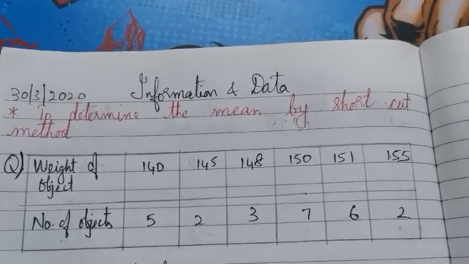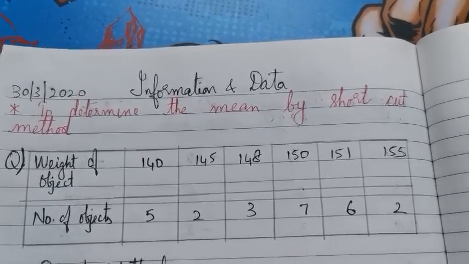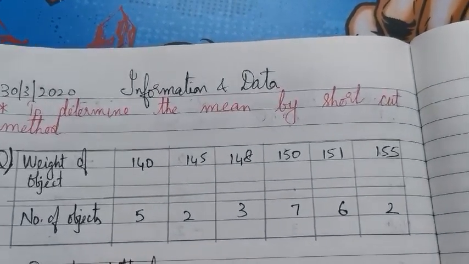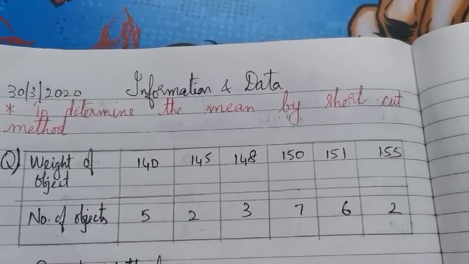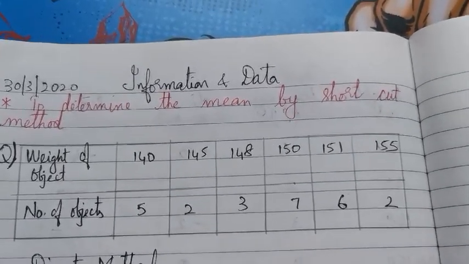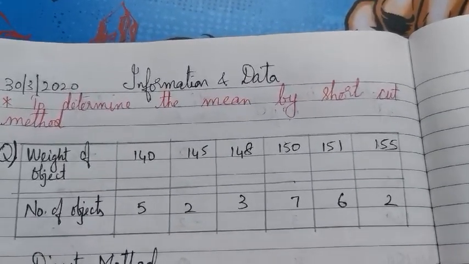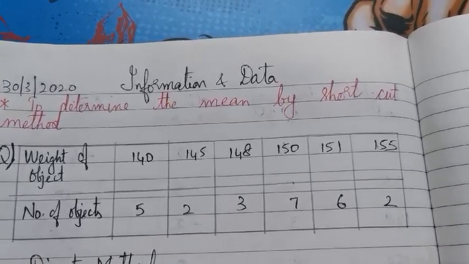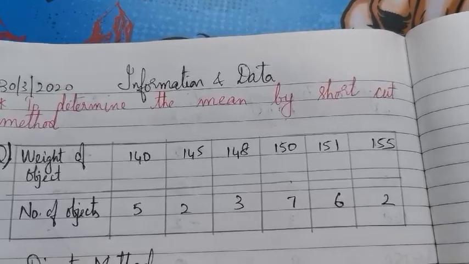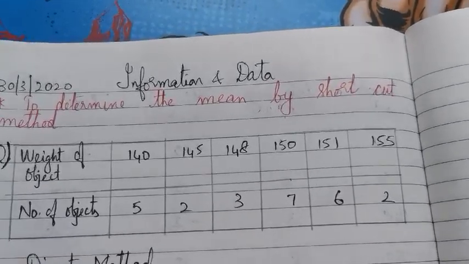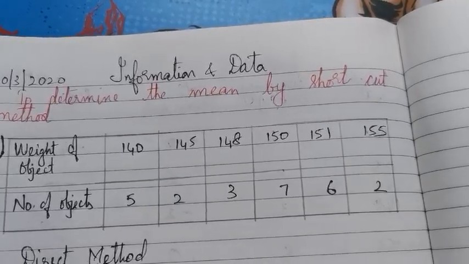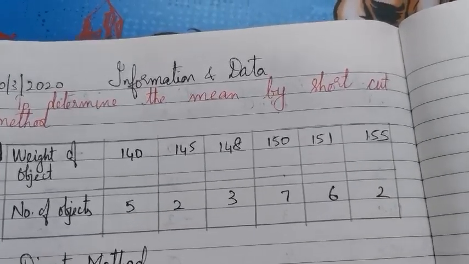Now, in the second method, we learned how to find the mean of group data. That is, your data was given in a table form where you had different classes and a column called frequency. So, you found the mid value of the class and you multiplied it with the frequency and you found the sum of all your frequencies into your mid value for each row.